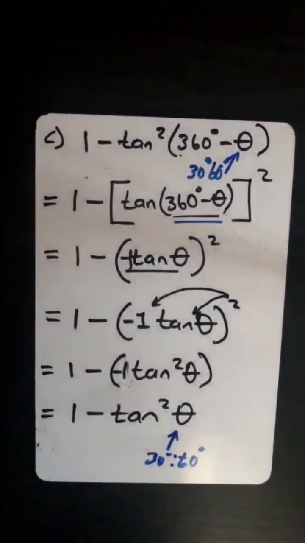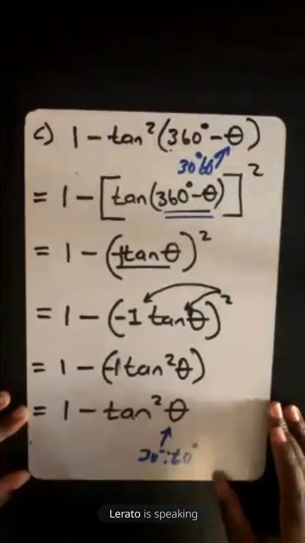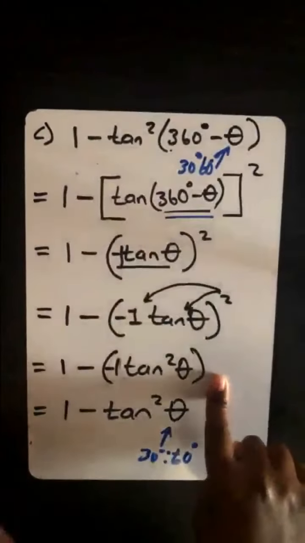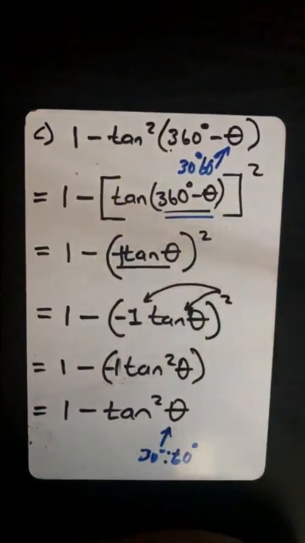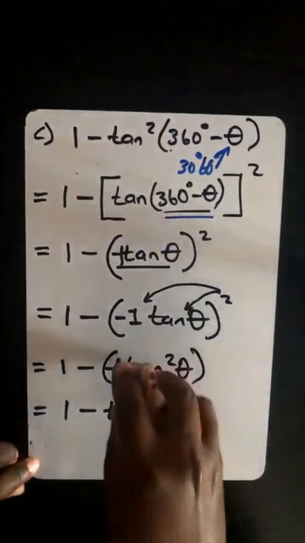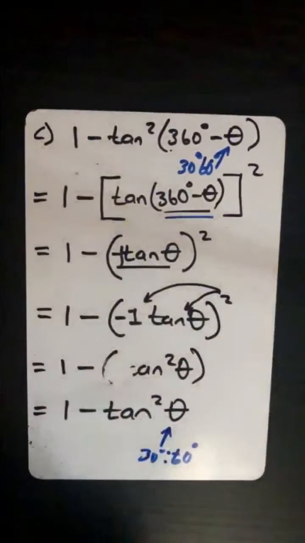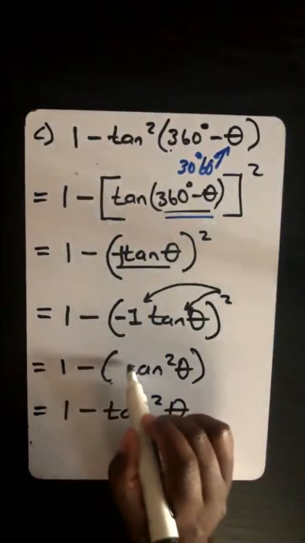Sir, I'm confused on our fourth step, sir. 1, 2, 3, 4 there. It's 1 minus. Remember, I wrote that minus when I was explaining to, who was it? I'm not sure if you remember, guys. It's positive there.